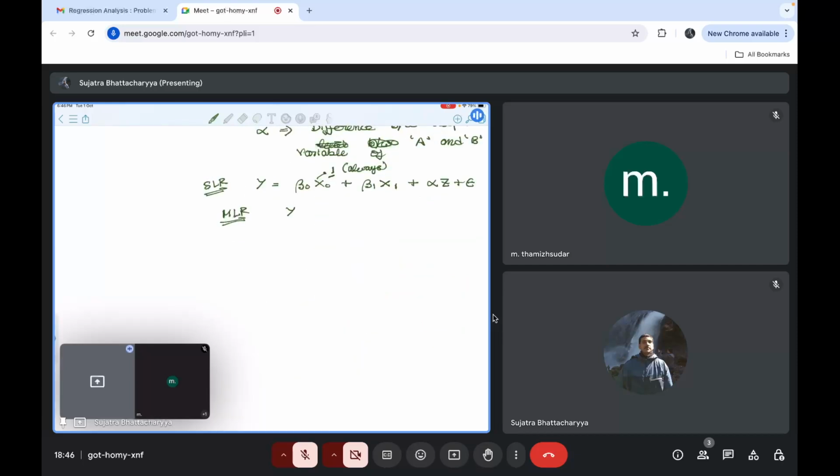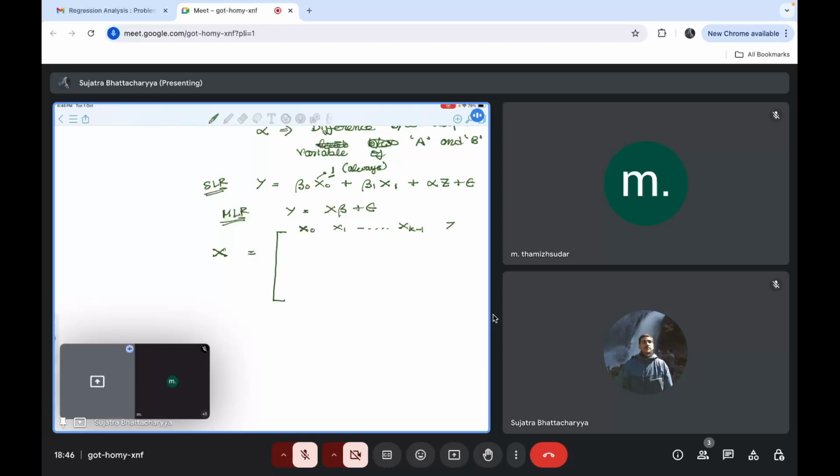So what is this multiple linear regression model? This is X beta plus epsilon. And we know how to write the X matrix here, but there will be some difference. Let's see. In the first column, you have x naught, then you have x1, and there are so many regressor variables up to x k minus 1. Here, k minus 1 regressor variables.